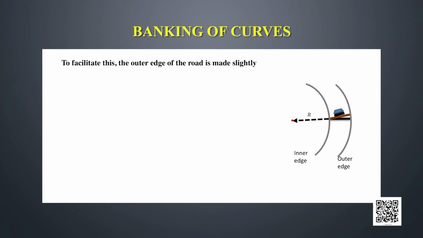That is, the outer edge of the road is raised with respect to the inner edge through a small angle theta, as is clear from the diagram. So, the outer edge is slightly higher than the inner edge of the road. This is called the banking of roads.